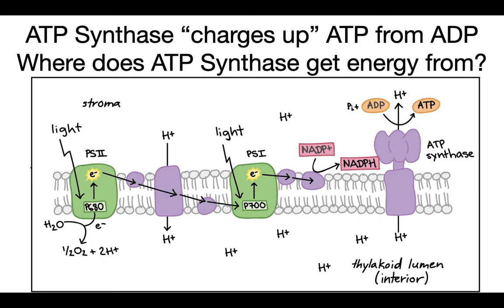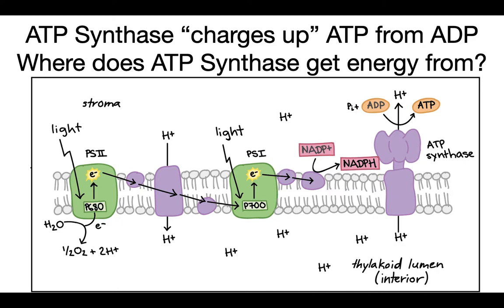We know it's not directly getting energy from light because the light is striking photosystem 2 and then photosystem 1, and that's charging up electrons, but those electrons are not directly connecting over to that ATP synthase. If we follow the flow of the arrows here, we've got light striking photosystem 2, and then an electron gets ejected out the bottom, and another high energy electron gets ejected out the top.